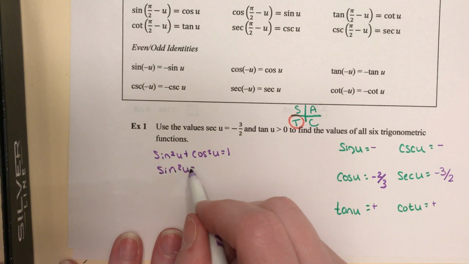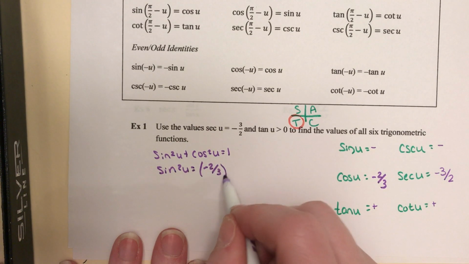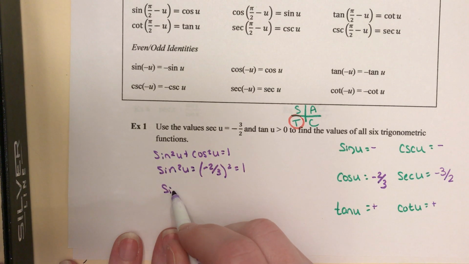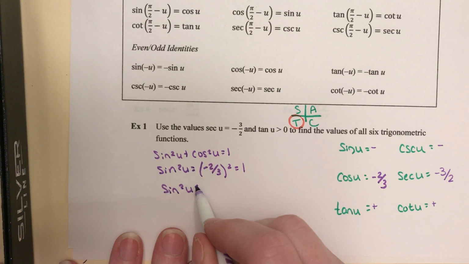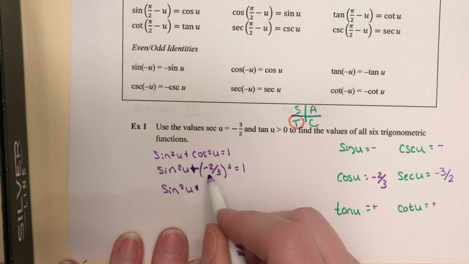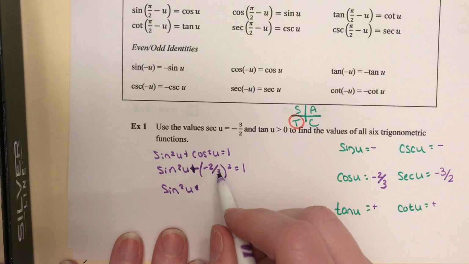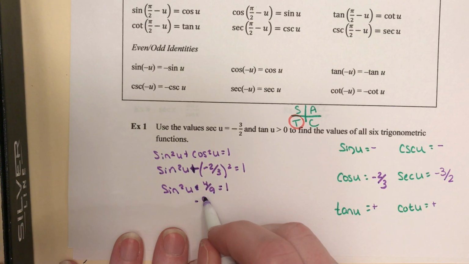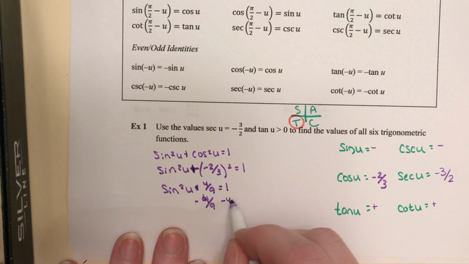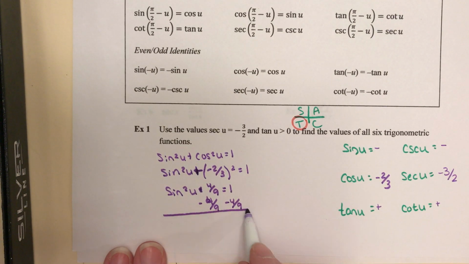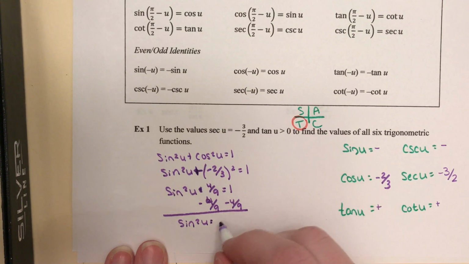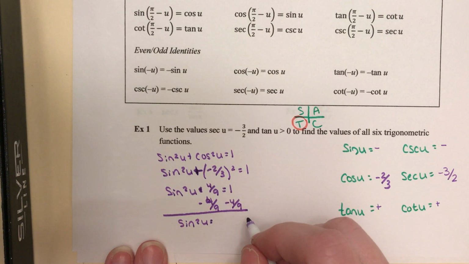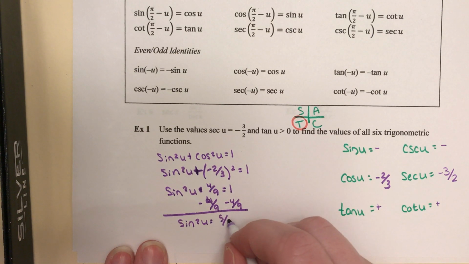I know cosine, so I'm going to plug -2/3 in for cosine. And I'm going to solve, plus, this should be a plus sign. -2/3 squared is 4/9. So I'm going to subtract 4/9 from both sides. One minus 4/9, that would be 9/9 minus 4/9, so that would be 5/9.